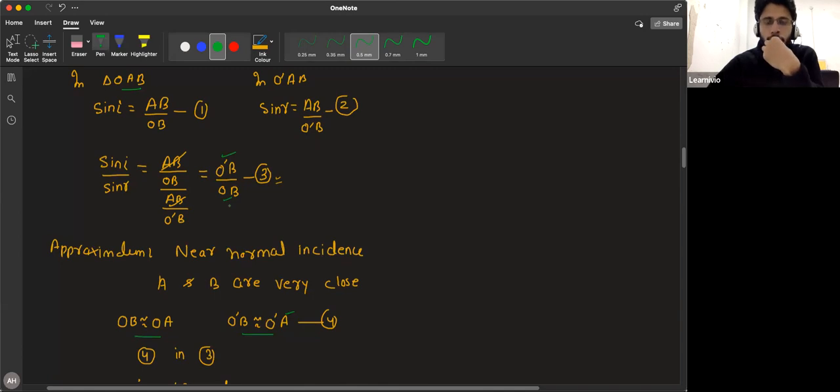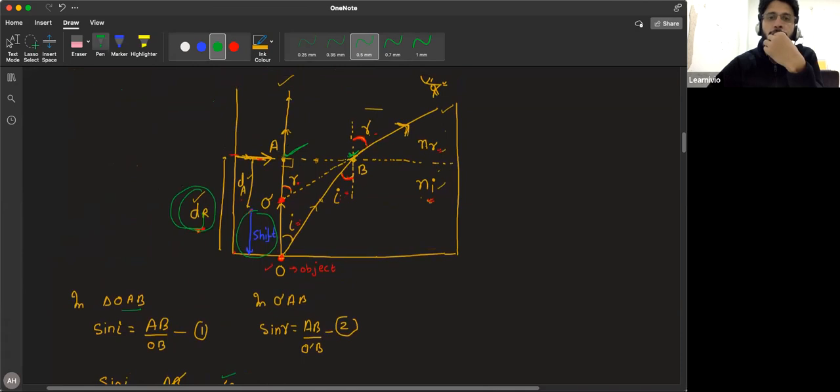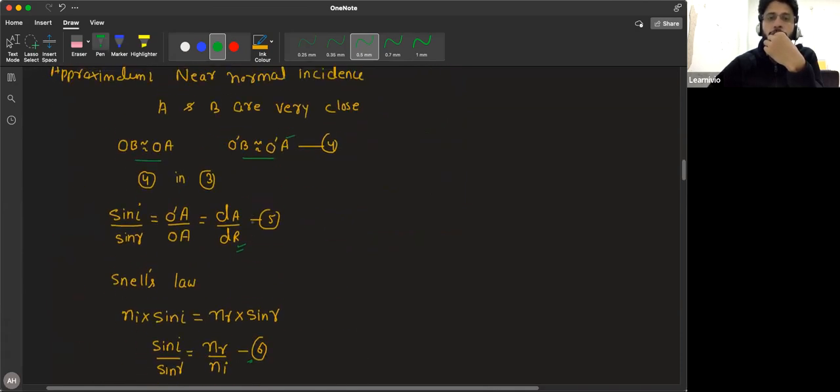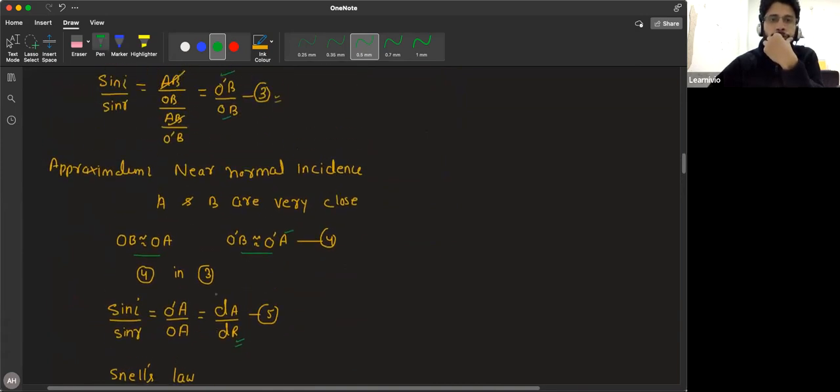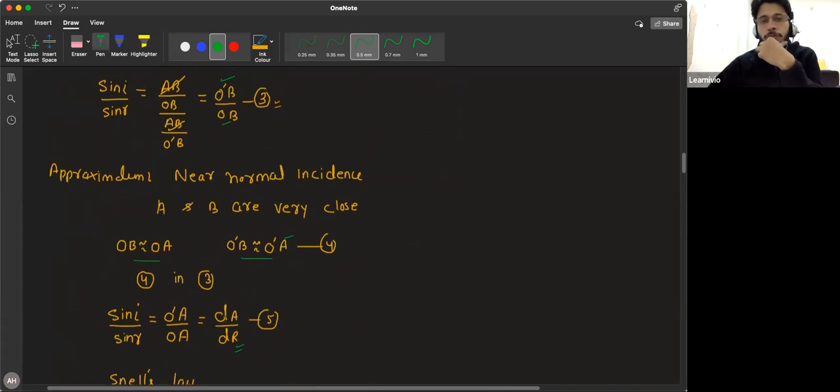Then we take the approximation that points A and B are very, very close. It's near normal incidence. Rays are going very closely. So if A and B are close, then instead of B, you can write A. So it will be O prime A by OA.